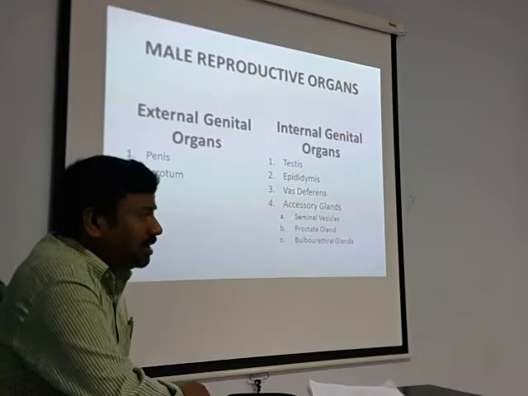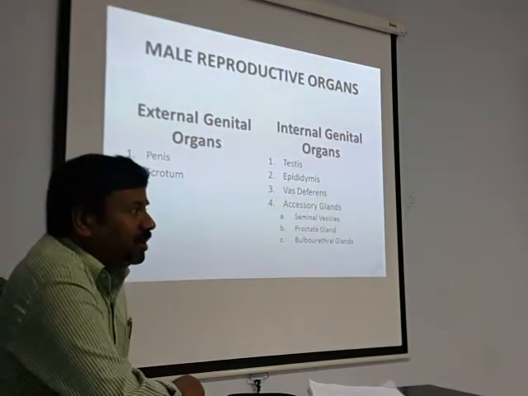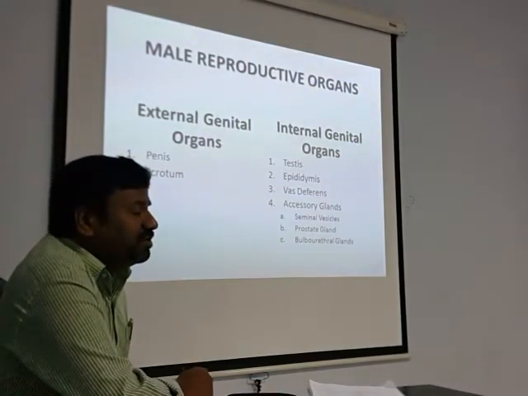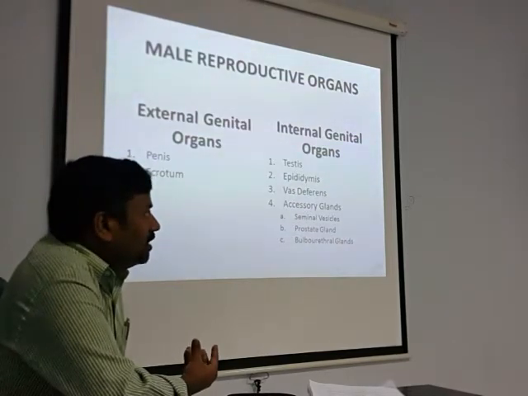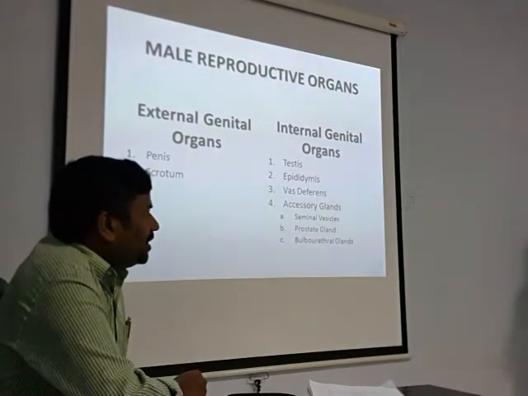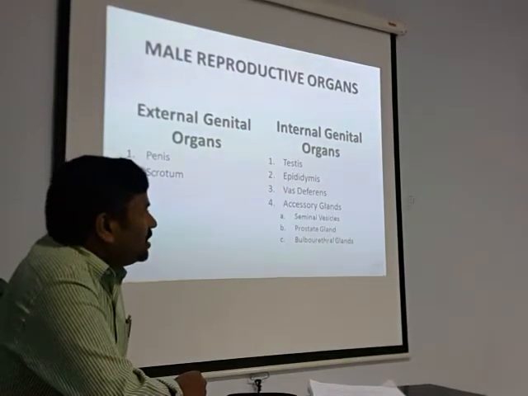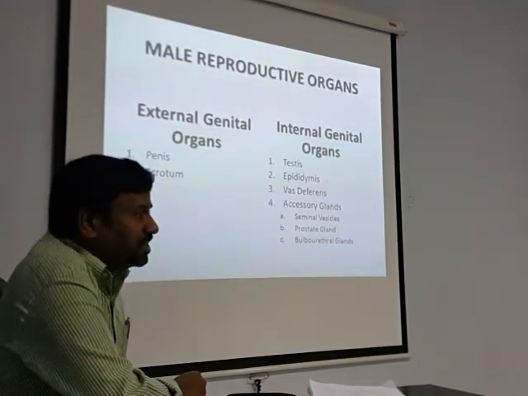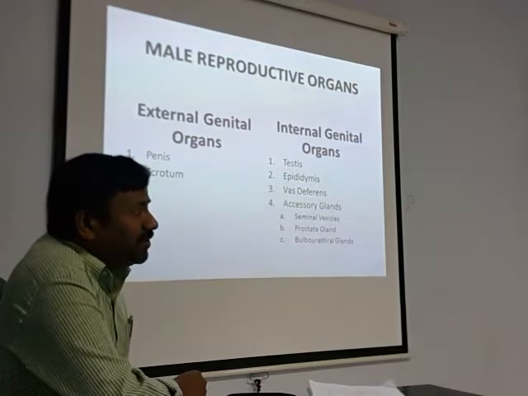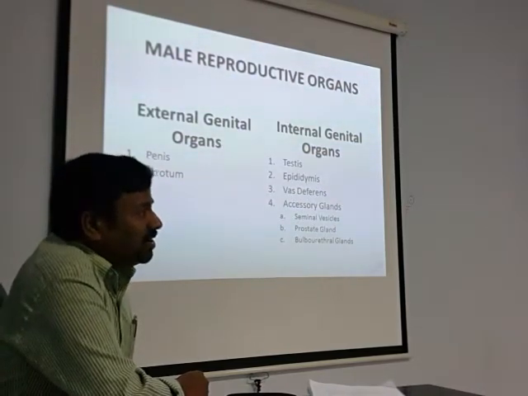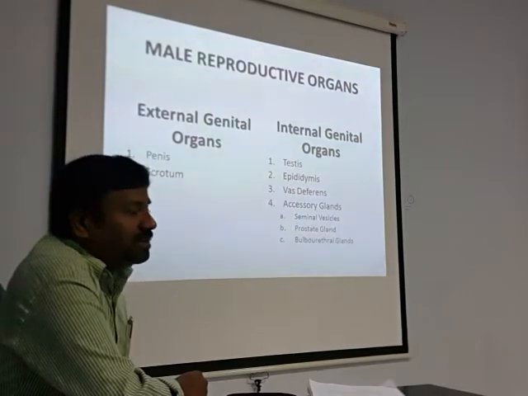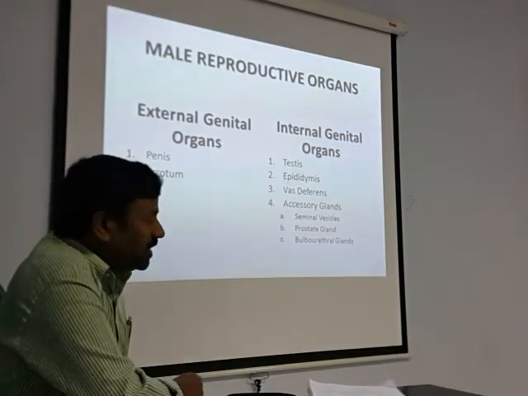The external genital organs consist of two: number one is the penis, number two is the scrotum. Scrotum meaning the bag, into which you have the testis located. The internal genital organs consist of the testis, the epididymis, and the vas deferens, also called the ductus deferens.